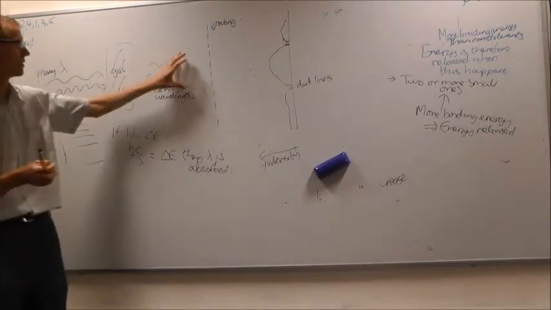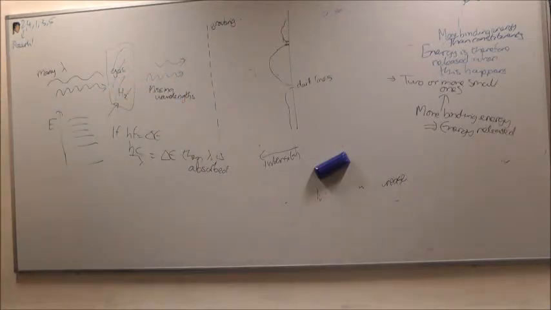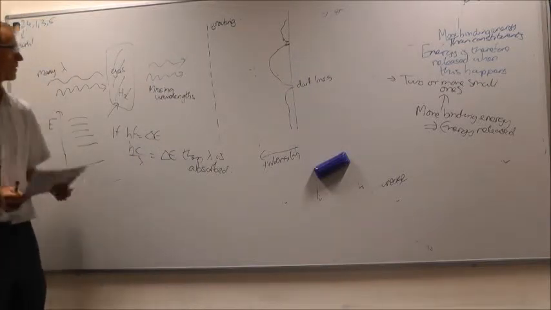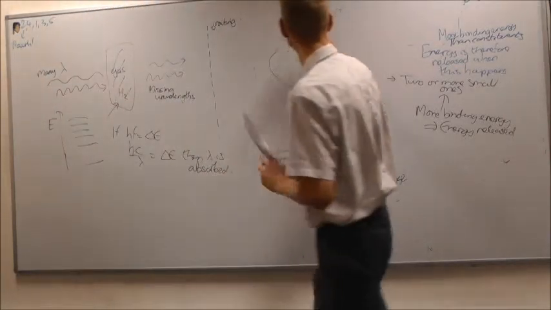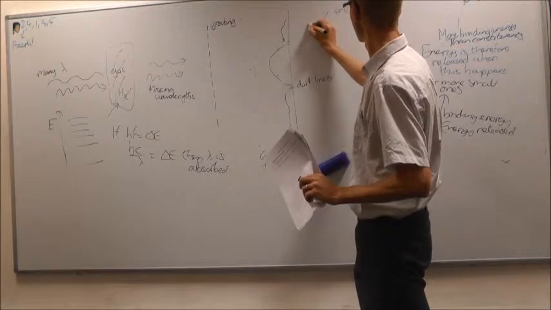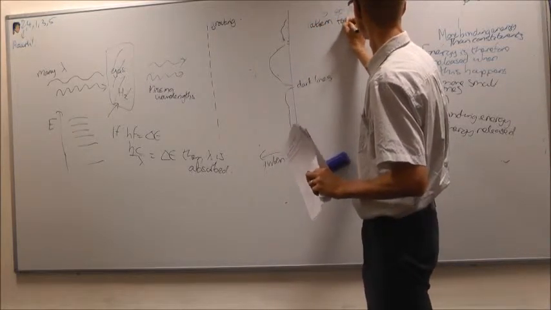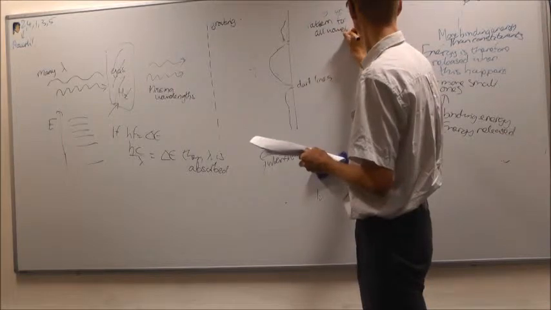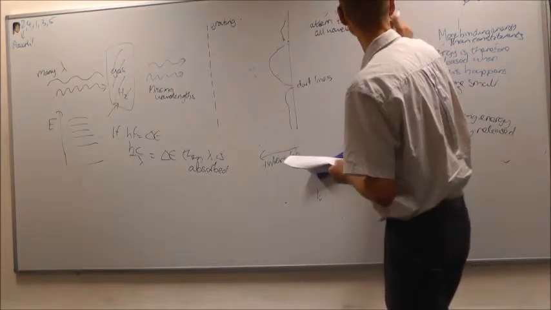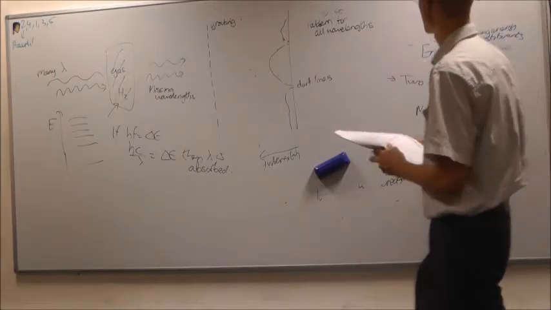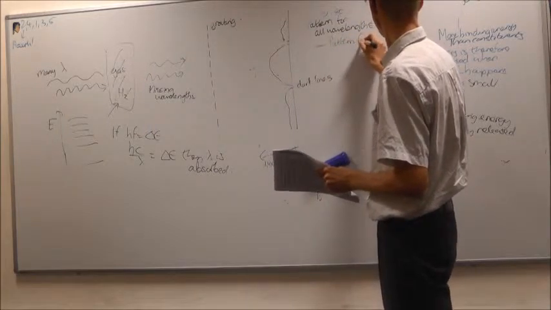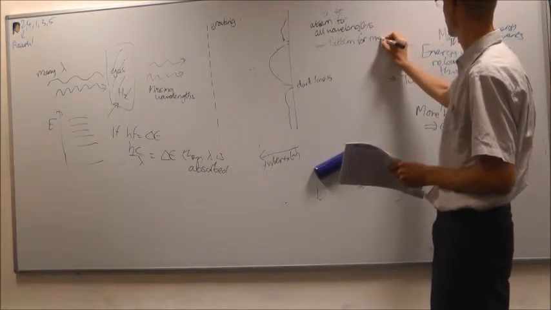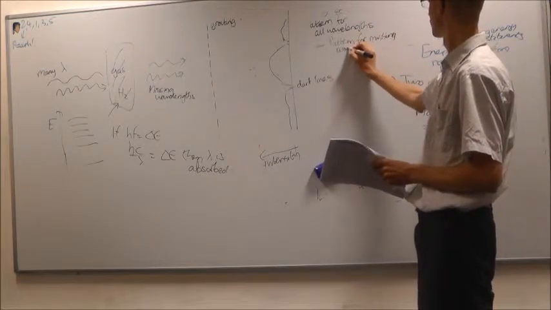So these are then going to be diffracted by the diffraction grating, and therefore the pattern you will get is the pattern for all wavelengths minus the pattern for the missing wavelengths, more or less.